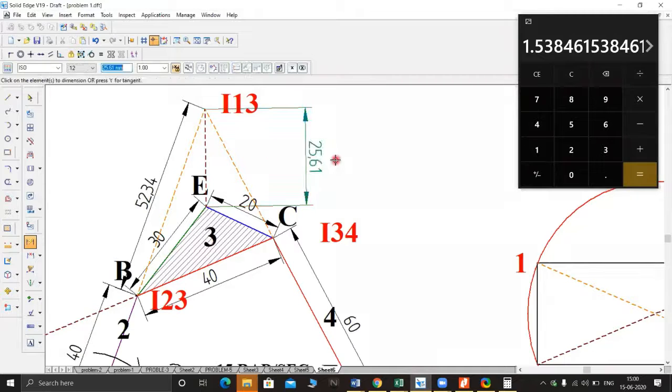What is this distance? We got 25.61. Please, anyone please calculate.